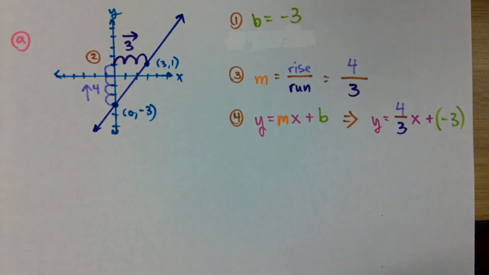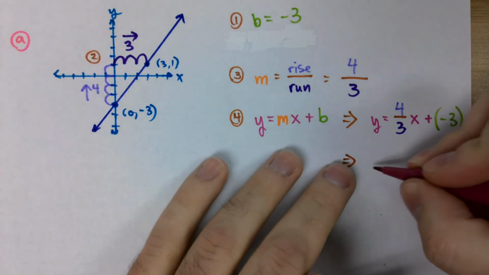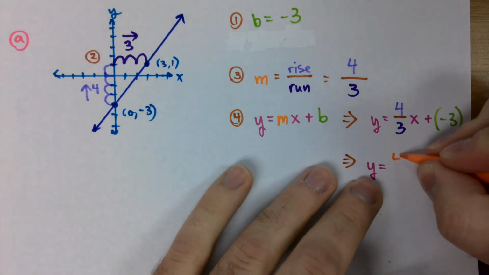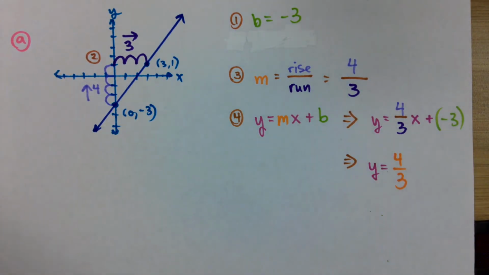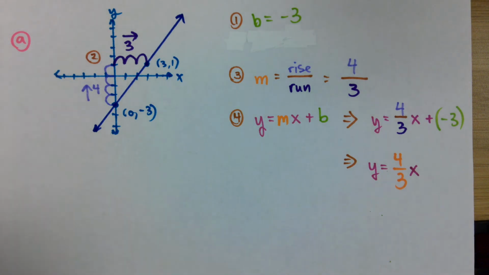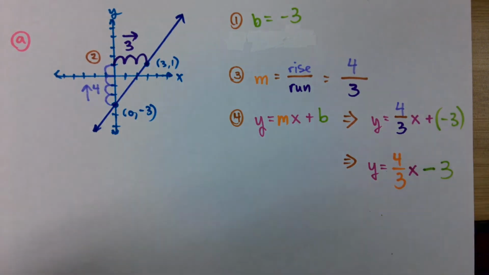It's the same thing. So let's rewrite this as y is equal to 4 over 3x. We'll write our slope in orange here. And then we have a minus 3 on the end.